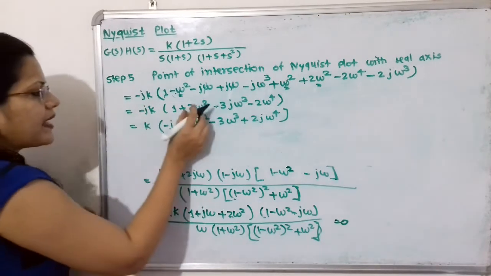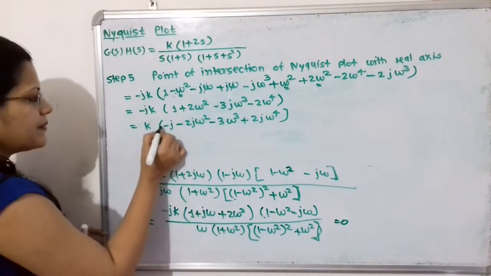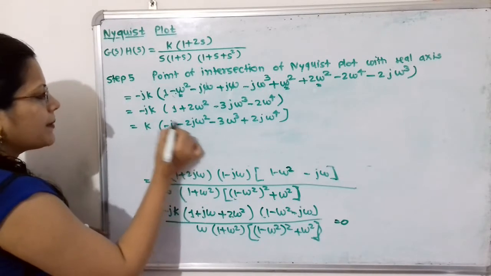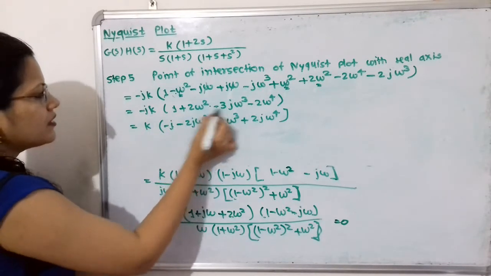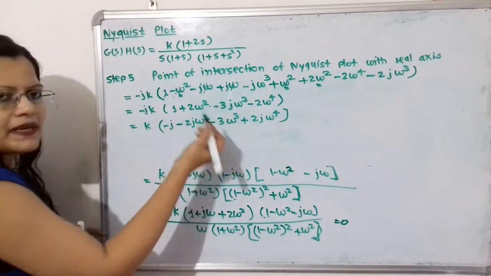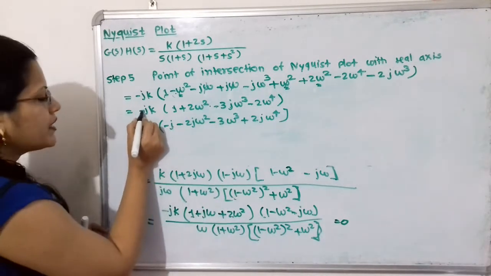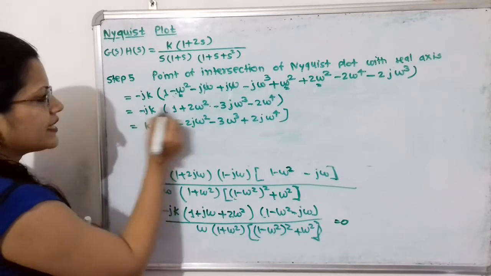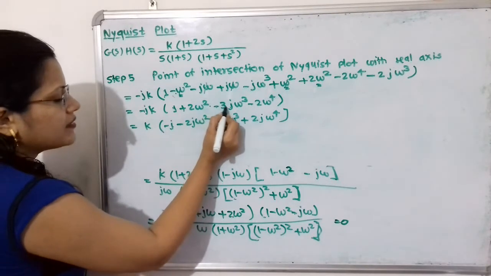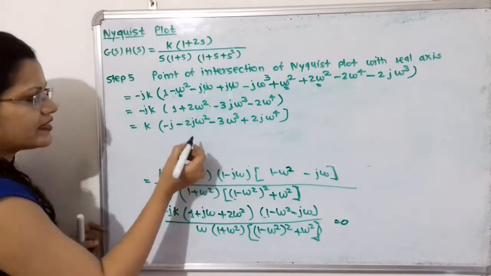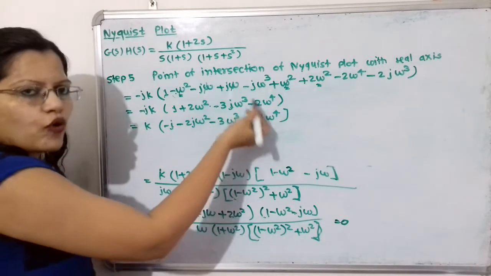Now I will multiply inside the bracket with minus j, so it will become minus j minus 2j omega square. Now here jj will become j square, and j square is nothing but minus 1. So here minus j multiplied by minus 3j omega cube, that is plus 3j square omega cube.